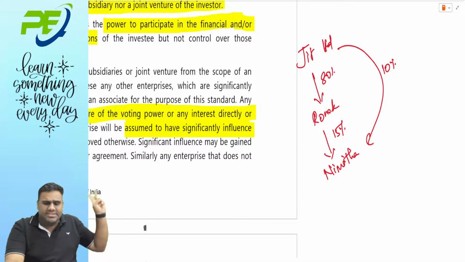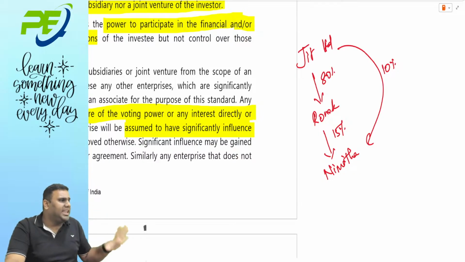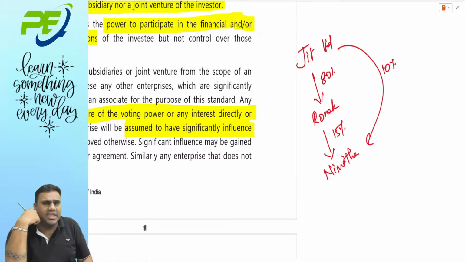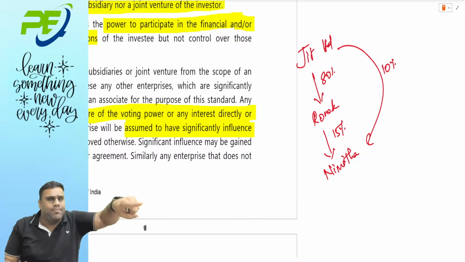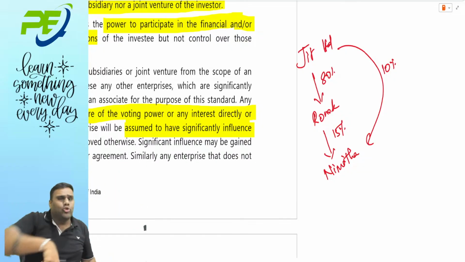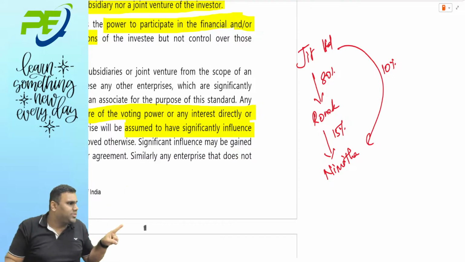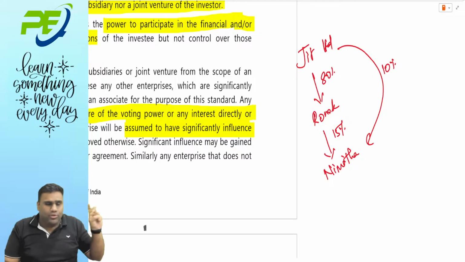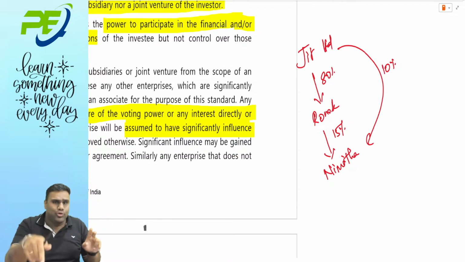Now tell me, between Jitendra and Nimita, is there a relationship of associate company and investing company? Yes, the answer is yes. Because Jitendra has 10% directly and 15% through Ronak, so a total of 25%. So to decide whether it is an associate or not, we will do this.